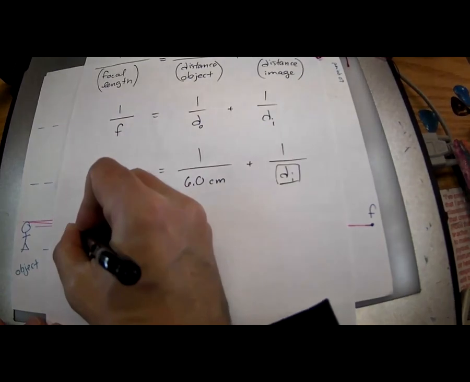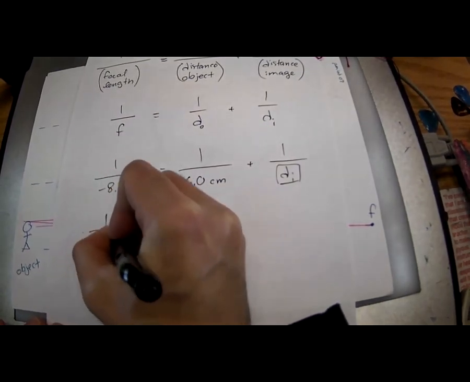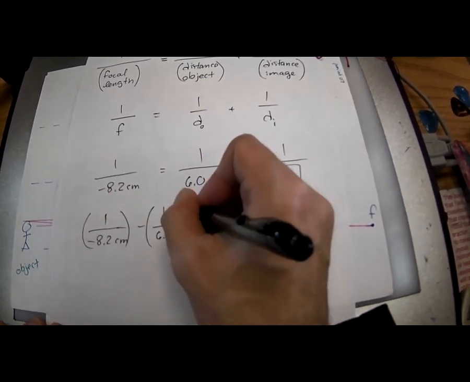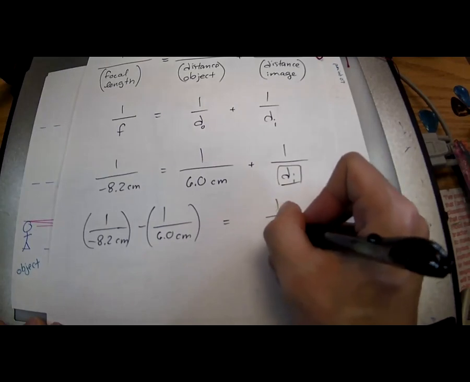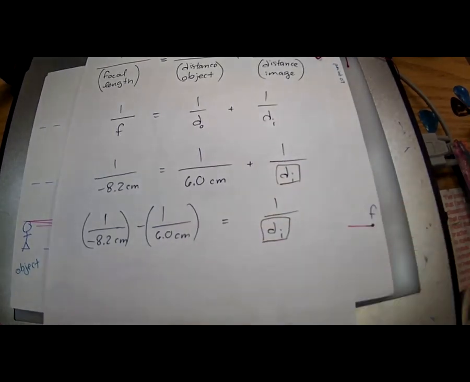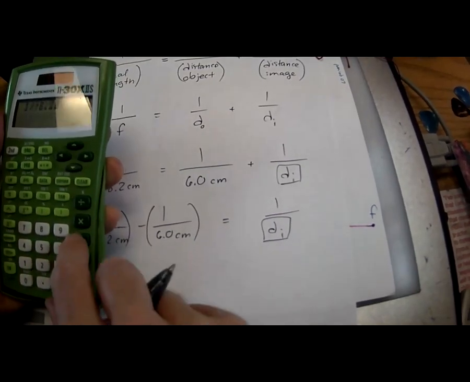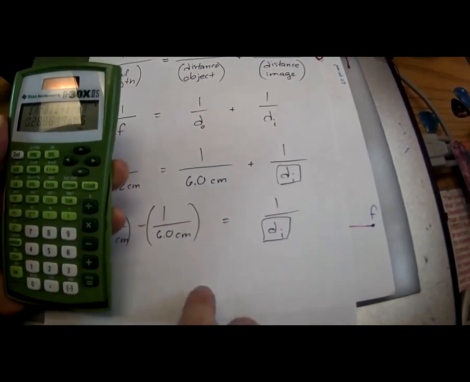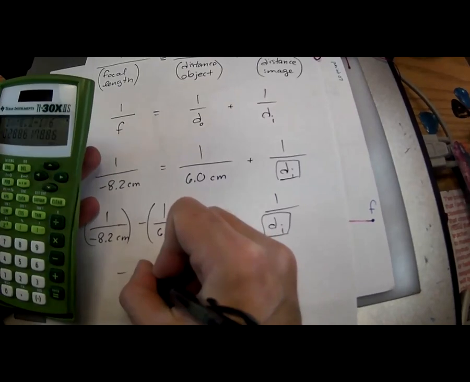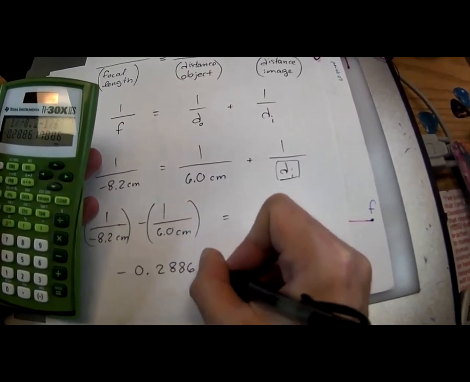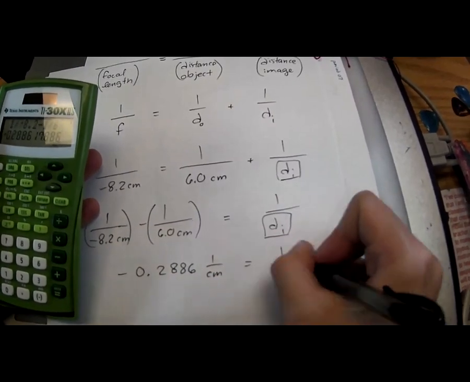So that's 1 over negative 8.2 centimeters minus 1 over 6.0 centimeters. Right, that fraction minus that fraction is equal to 1 over di. Just follow through some algebra steps. What is 1 over negative 8.2 minus 1 over 6? That's negative 0.2886, and that'd be 1 over centimeters is equal to 1 over di.